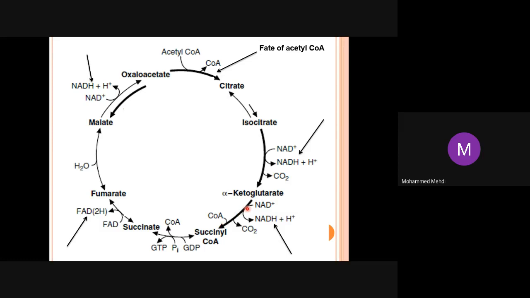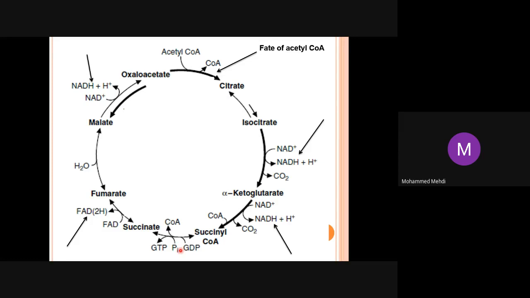We have the second oxidation. Alpha ketoglutaric acid will be oxidized to succinyl-CoA. Again, the second carbon here will be released in the form of carbon dioxide. What is left is electron and hydrogen atom. Some of the electrons are transferred to NAD, and NADH is formed, and again NADH is formed here.